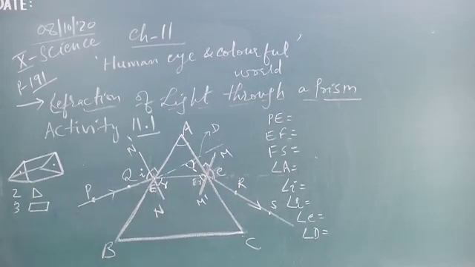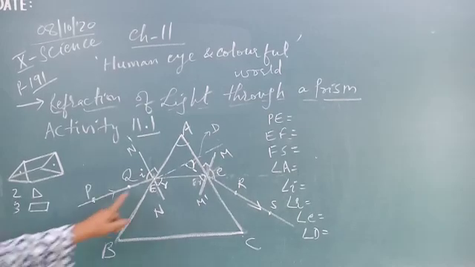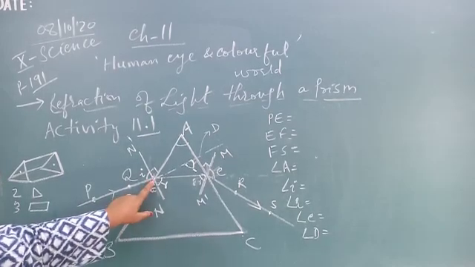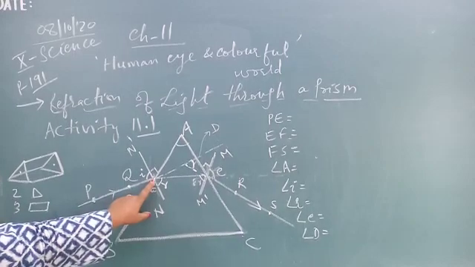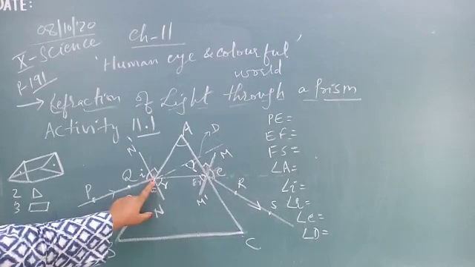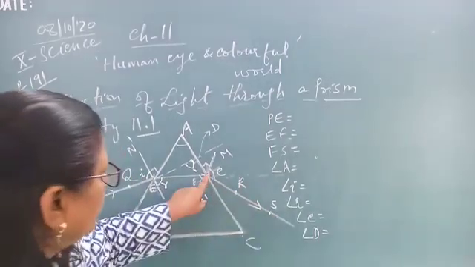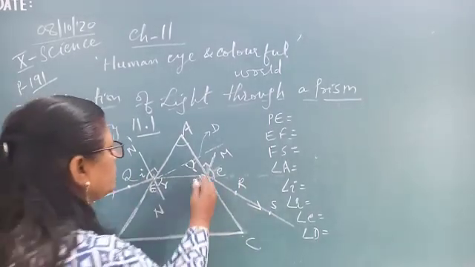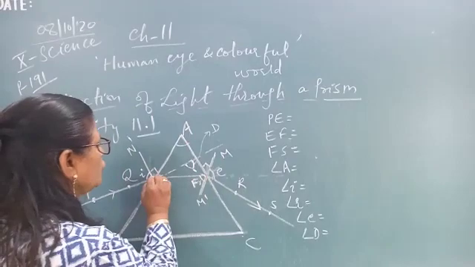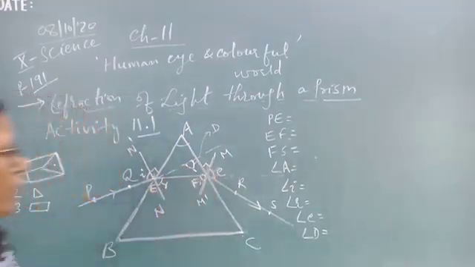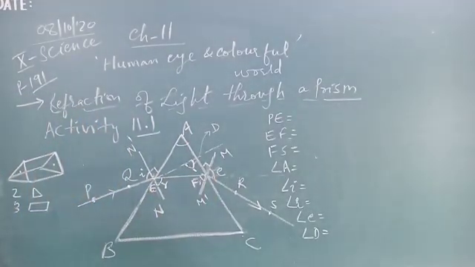Now remove the pins and the glass prism also. Now line PE meets the boundary of the prism at point E, and similarly join and produce RS. They will touch at point F.